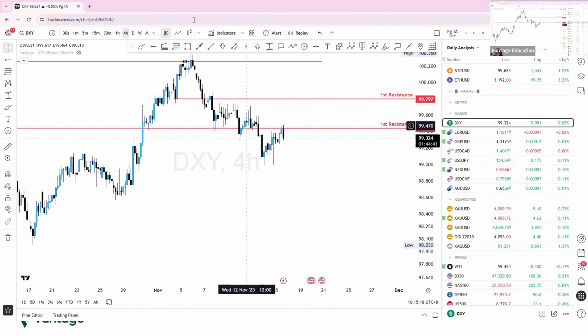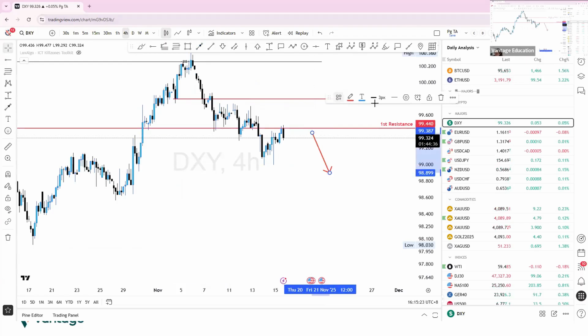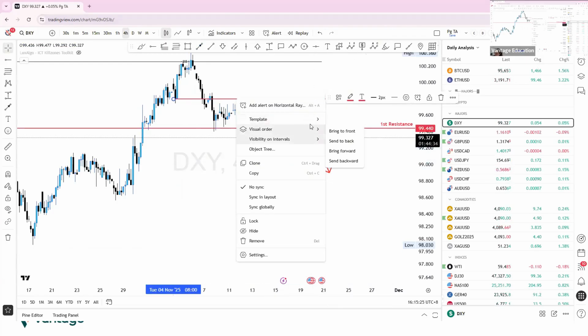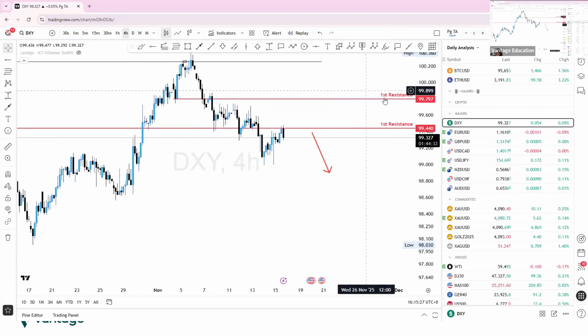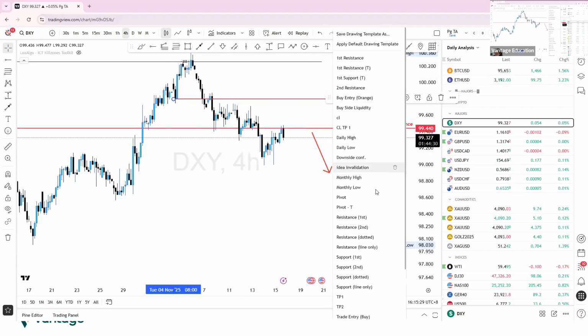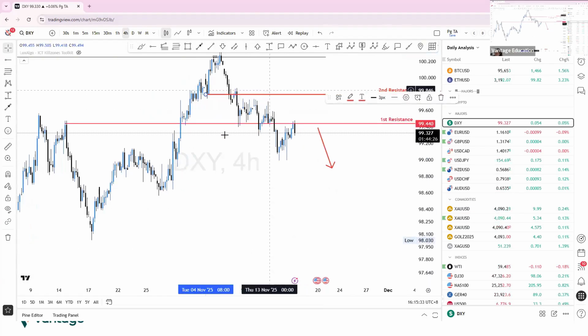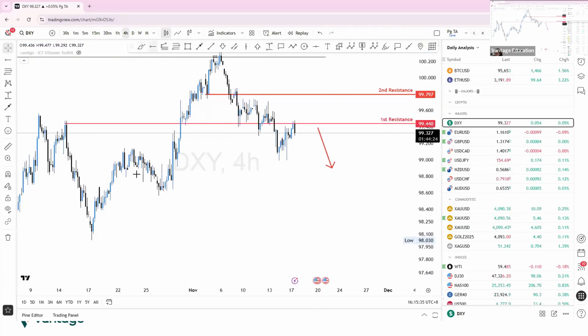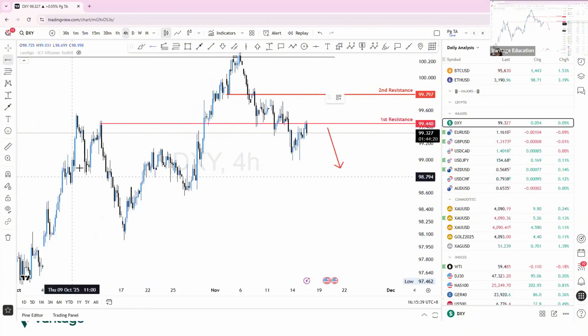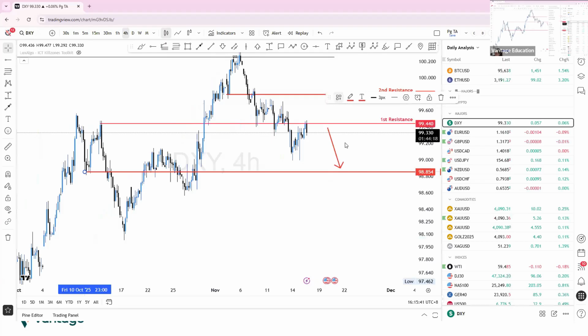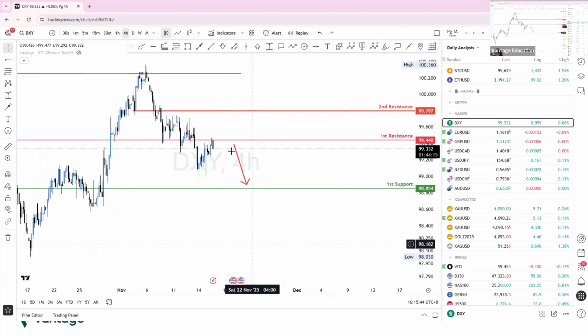The next support level, meaning that I'm going to pick this level as first support, meaning price is going to fall to this level.